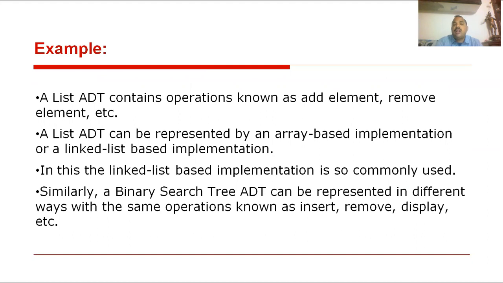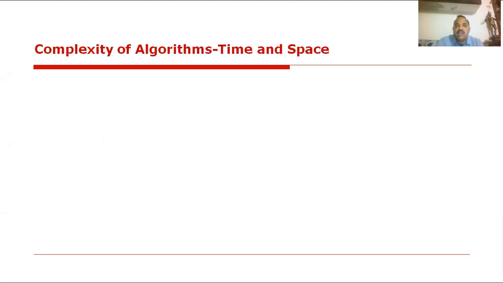List ADT, the list abstract data type, contains operations known as add element, remove element, etc. A list ADT can be represented by an array-based implementation or a linked list-based implementation. The linked list-based implementation is the most commonly used. Similarly, a binary search tree ADT can be represented in different ways with the same operations known as insert, remove, display, etc. Clear?